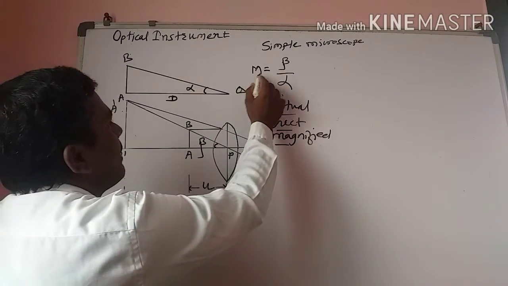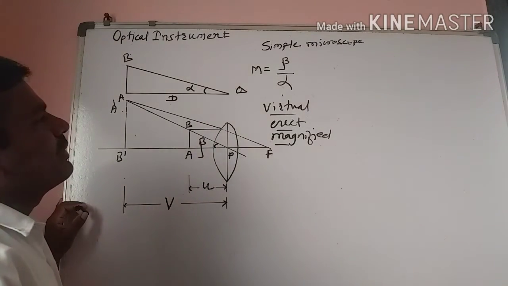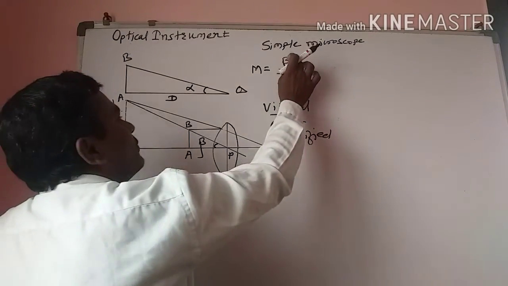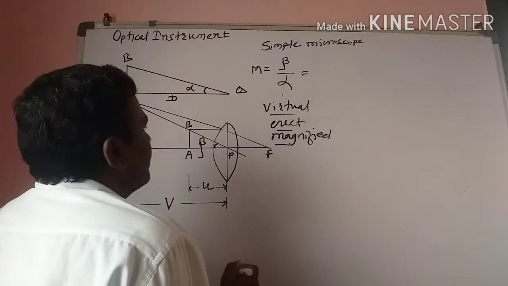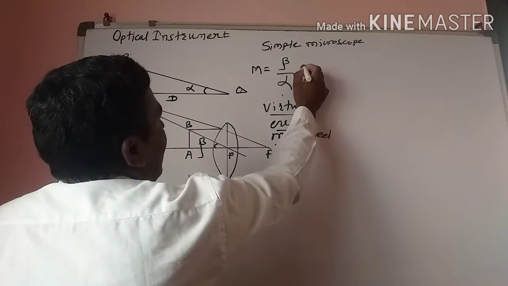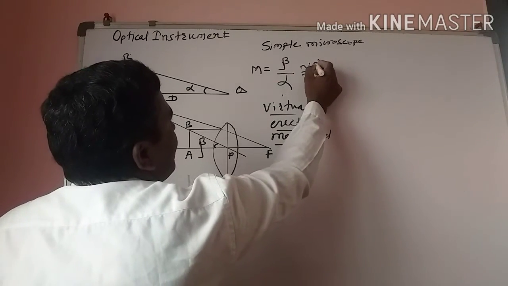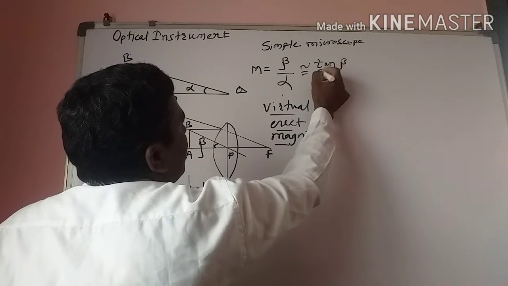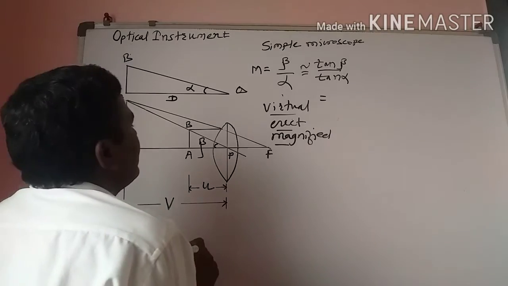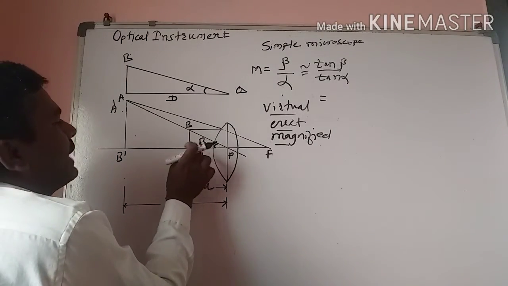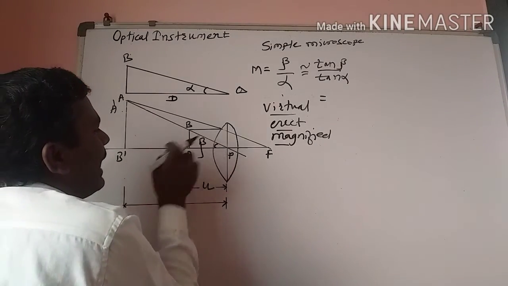Here the magnifying power is the ratio of the visual angle made by the image to the visual angle made by the object. That is approximately equal to the ratio of tan values, tan beta upon tan alpha. Tan beta is opposite upon adjacent.